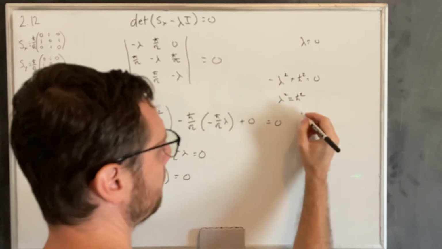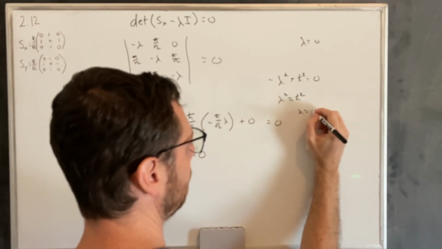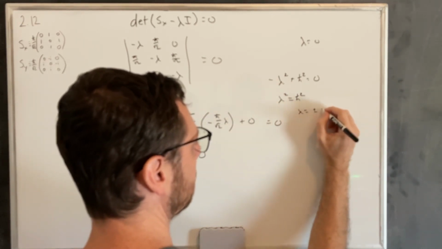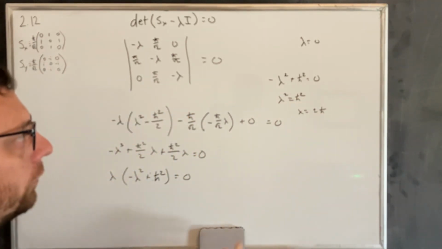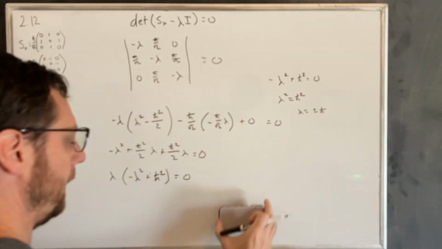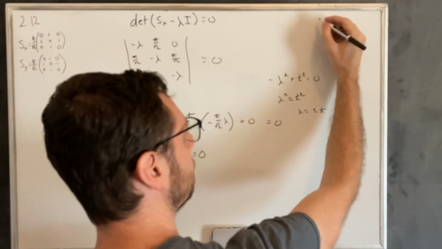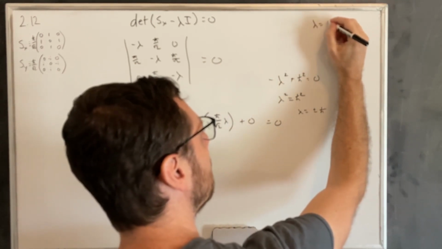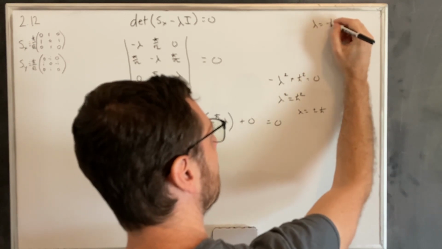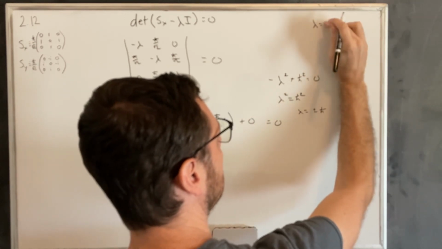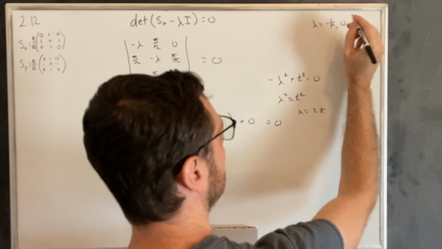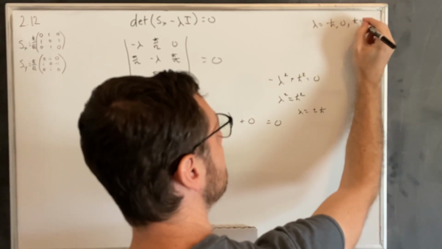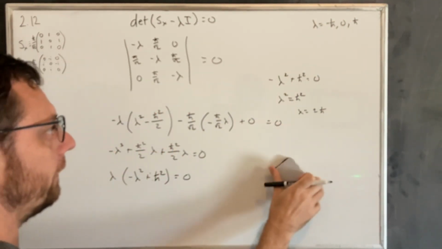And then take the square root of both sides, and we have lambda is equal to plus or minus h bar. So our values of lambda, we kind of already knew, because they're the eigenvalues for a spin 1 system. Lambda is going to equal negative h bar, 0, and positive h bar. Okay, there's our eigenvalues.